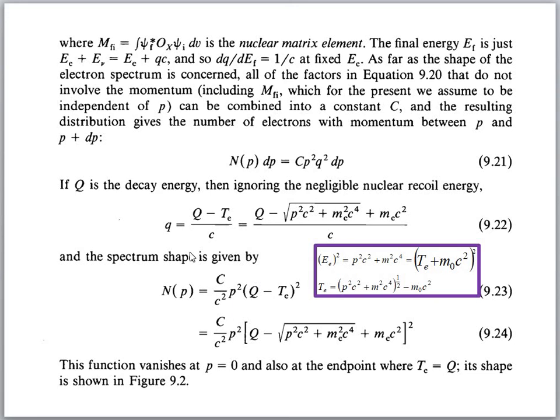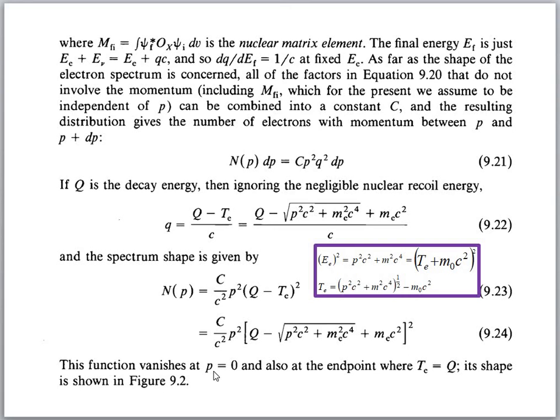Our aim is to write this in terms of the energy and momentum of the electron, so we are converting the momentum of the neutrino into energy. Here c is a constant, and we substitute for T, which is the square root of p²c² + me²c⁴ minus me c², into (Q − T)².